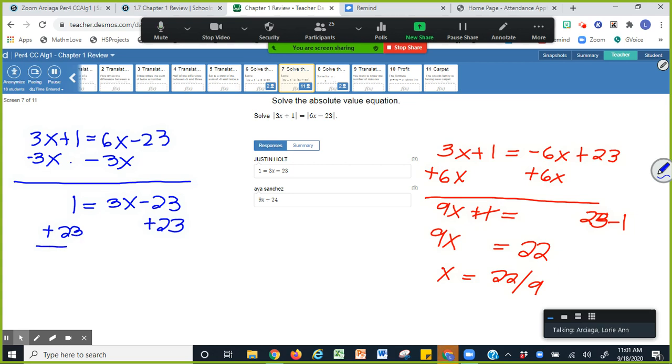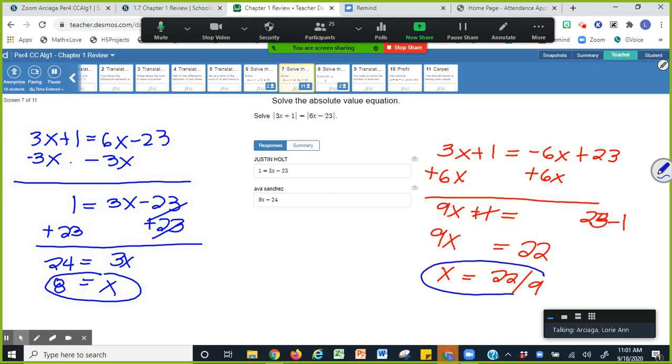So now we get 3x is equal to 24, which means when you divide 24 by 3, you get 8. See how different they are from each other. So don't jump to the conclusion that if that's 8, then the other must be negative 8. That's a common misconception. That's not right.